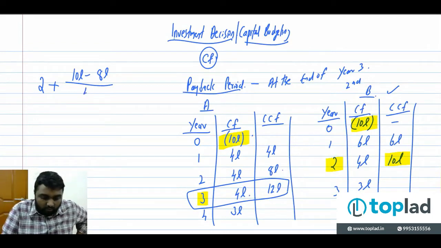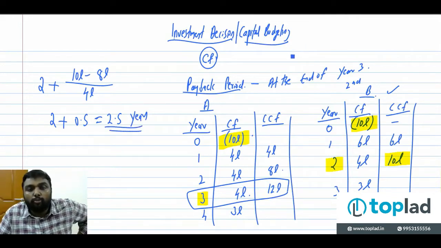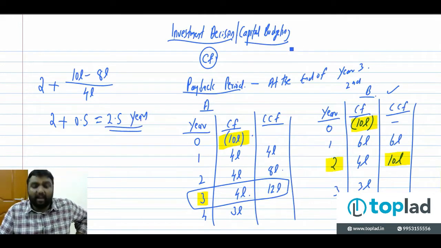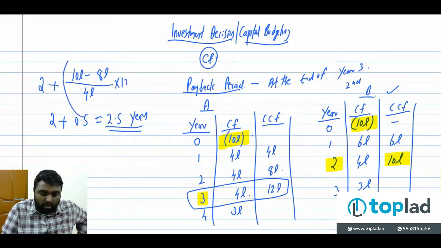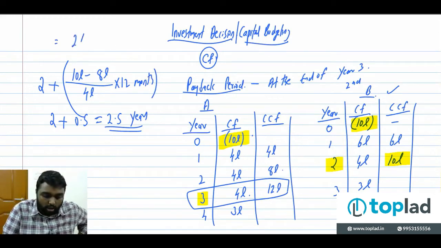Current year we got 4 lakh. So 2 plus 0.5, we can say 2.5 years. We can convert this into months also, multiplying with 12. So 2 years and 6 months.